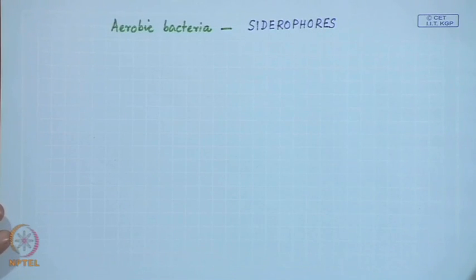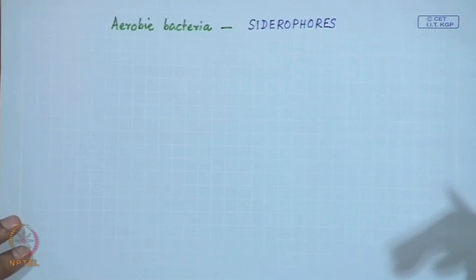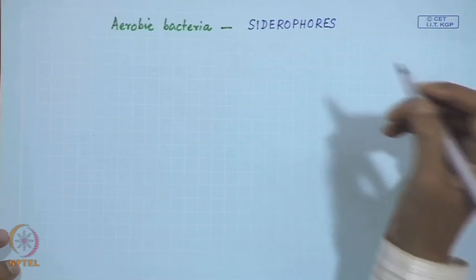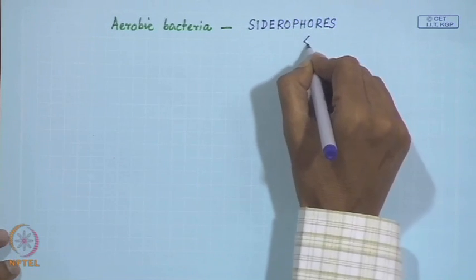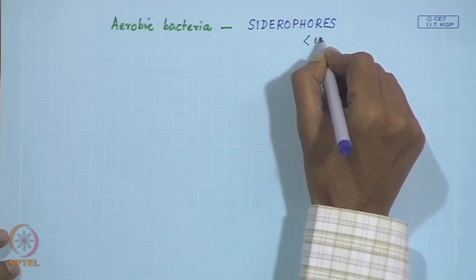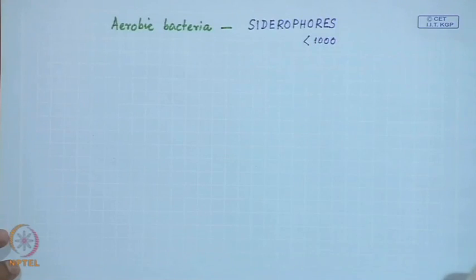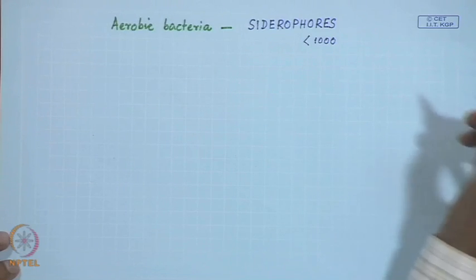Compared to your transferrin molecules, which are pretty complex, these siderophore molecules are low molecular weight compounds of say less than 1000 molecular weight, but they have very high affinity for iron.